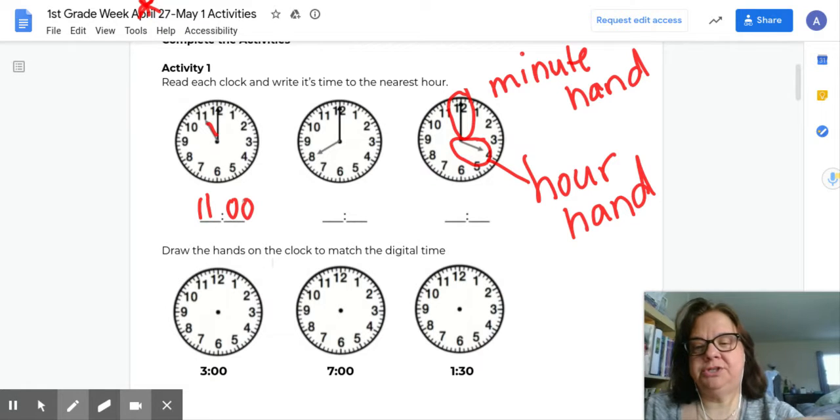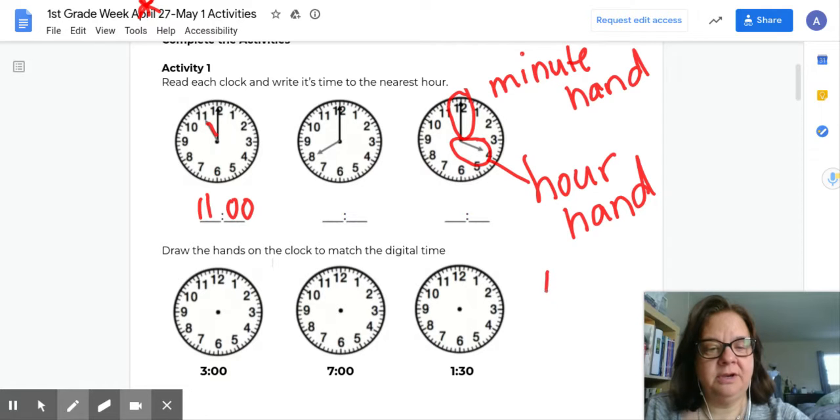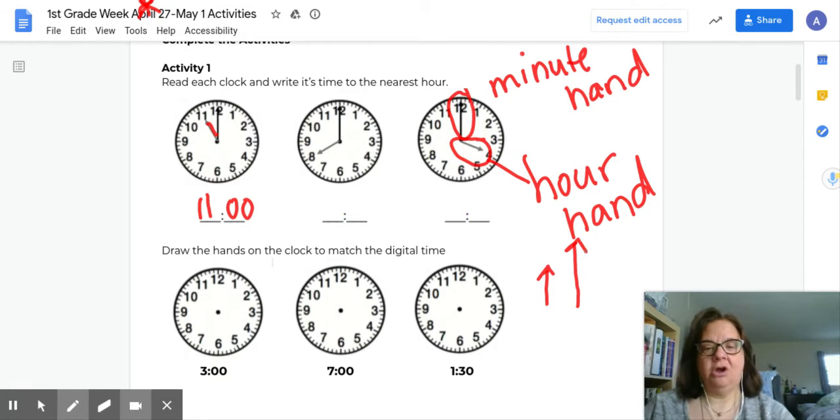So down here, it wants you to draw the hands to show the time. That's what you're going to do. Remember, your hands need to be different lengths. So if I'm drawing my hour hand and I make it this long, my minute hand needs to be longer. You need to have a short hand and a long hand, okay, so that you can tell them apart.